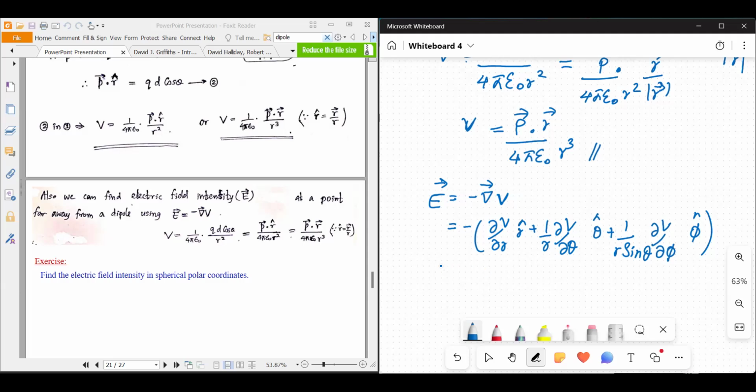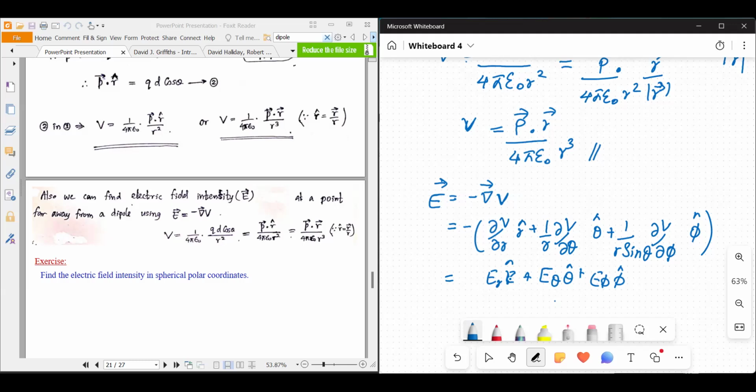So this electric field will have R component and theta component, and psi component. So let's calculate each of these components.